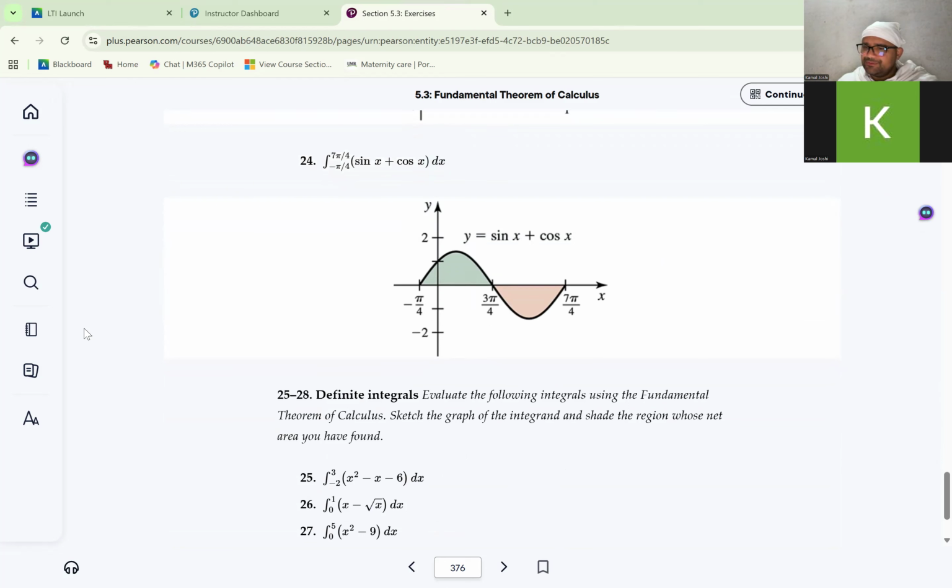From here to here all the way, that area is clearly going to be equal to 0. Now, if you ask me why, I would say the symmetry. Whatever you have in this part here is going to be cancelled by the part below.